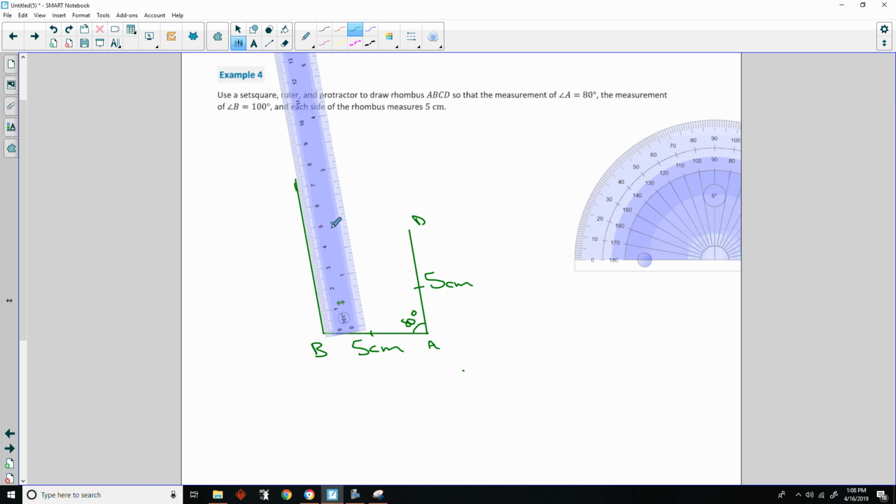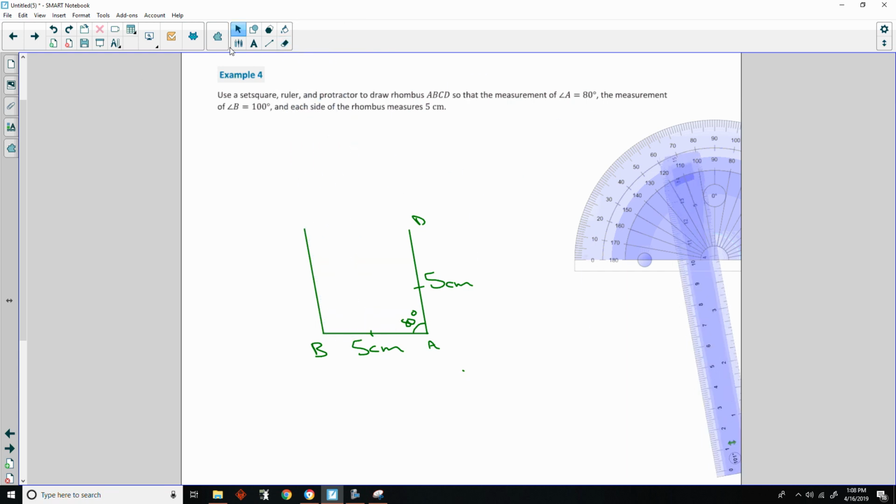Put this right at 0, because we're measuring it at the same time. And I want it 5 centimeters long. So now I'm going to erase back to 5, which is right there. So this is 5 centimeters. And this is going to be C.